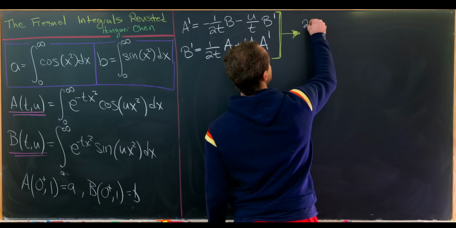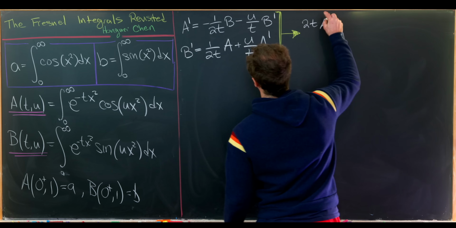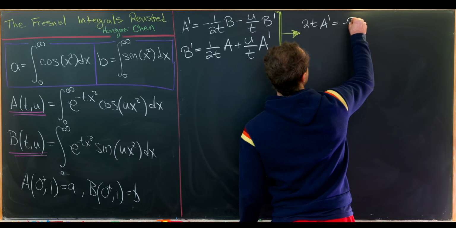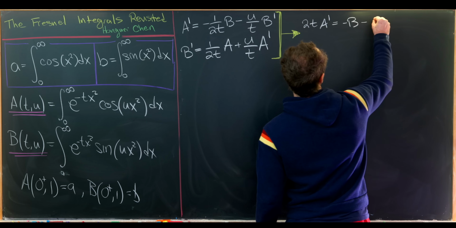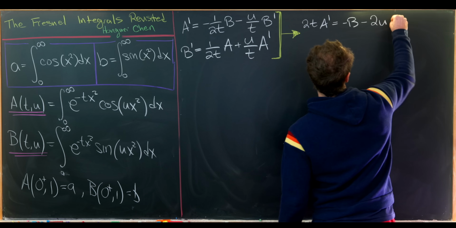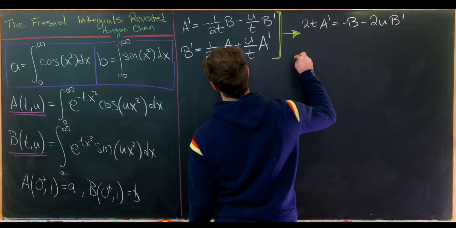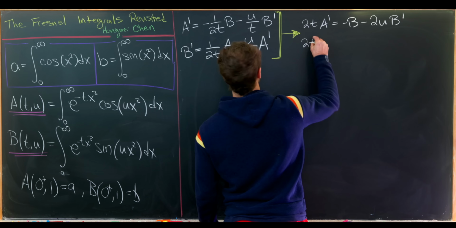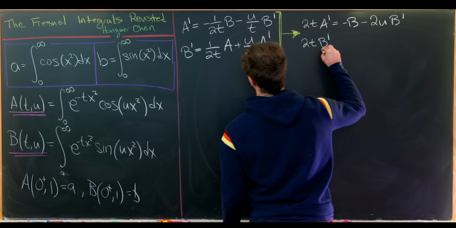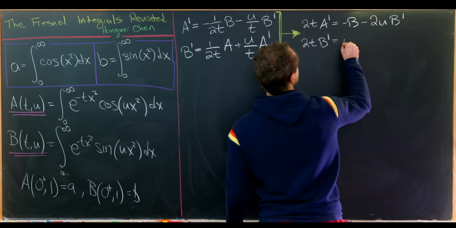That'll give me 2t a prime equals negative b, and then minus 2 times u b prime. And then likewise, I'll have 2 times t b prime equals capital A, and then plus 2 times u a prime.